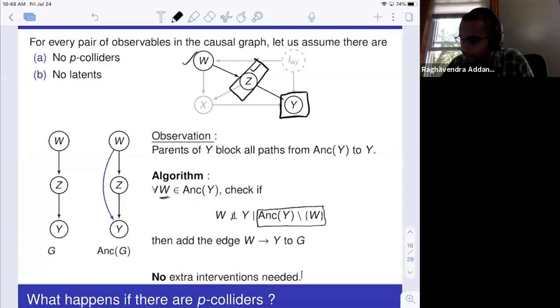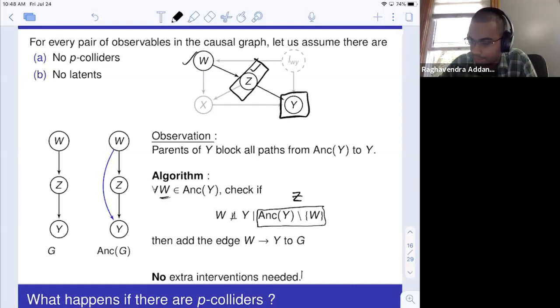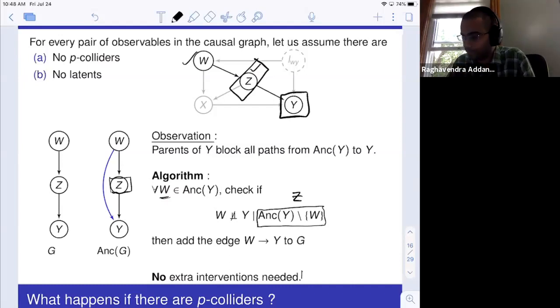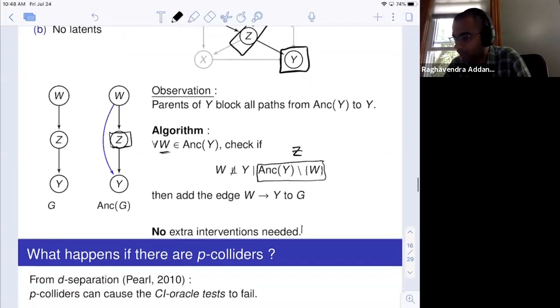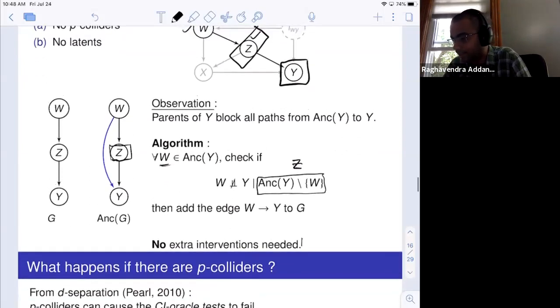In this case, the ancestor set of Y minus W is Z, and the W to Y path is blocked by this Z. If you remember D-separation, this is rule 1. In this way, we can recover all the parental relations just by blocking using the ancestors minus the set.